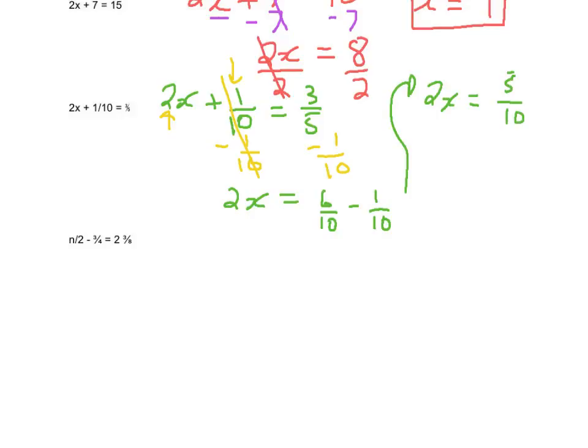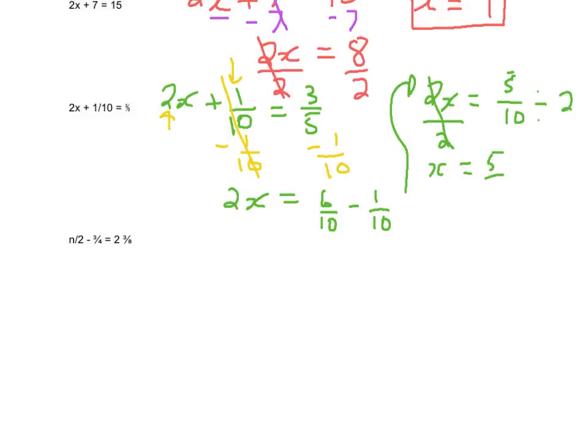Then we recognize that x is now being multiplied by 2. To get it on its own, we're going to divide by 2. If we divide one side by 2, we have to divide the other side by 2. The 2's cancel. x is equal to 5 out of 10 divided by 2. Remember, when we divide fractions, that's the same as multiplying by the reciprocal.